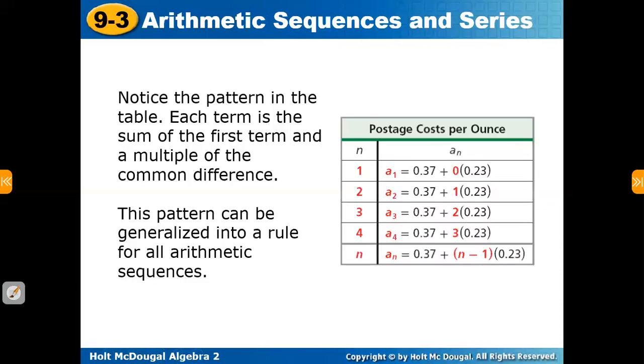Going to the first example of the cost of mailing letters, if I check the values, my first term A1 was 0.37, then A2 was 0.6.